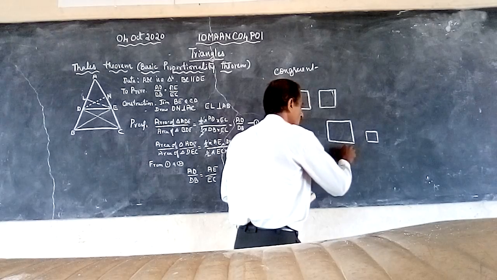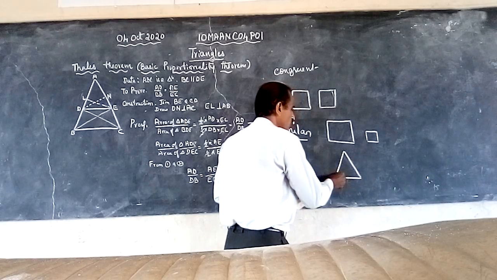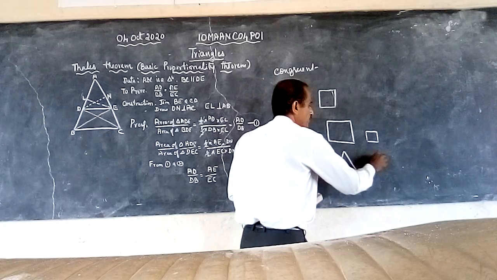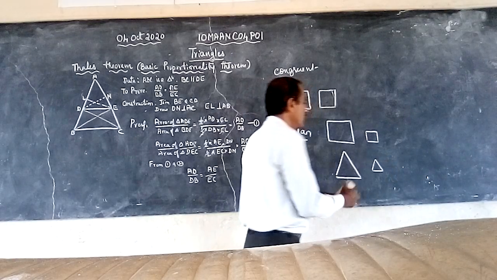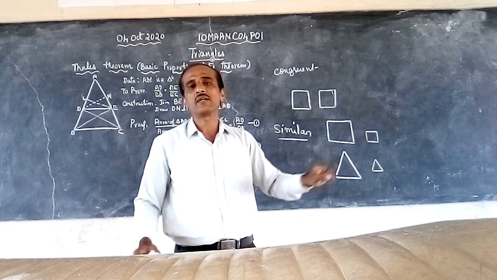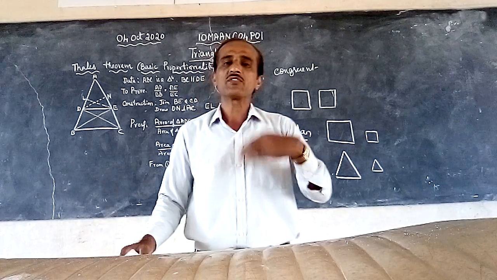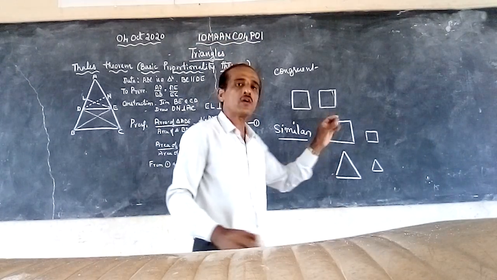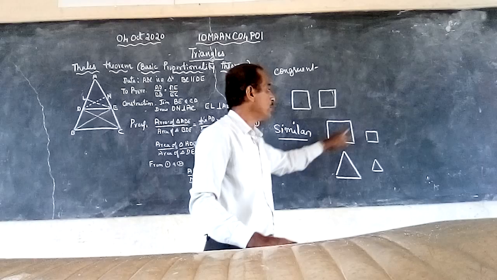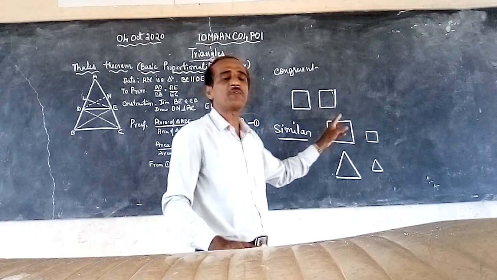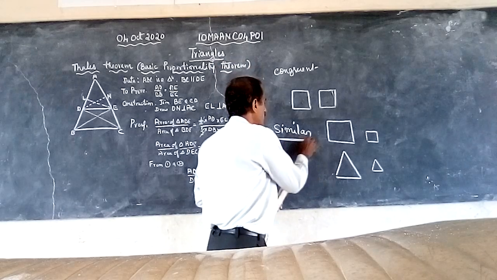If you take an equilateral triangle, all three sides are equal. If I draw another small equilateral triangle, the shape is the same but the size is different. Therefore, figures having the same shape but not the same size are called similar figures.